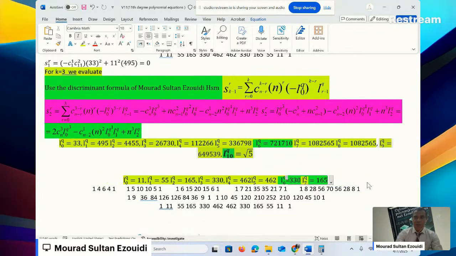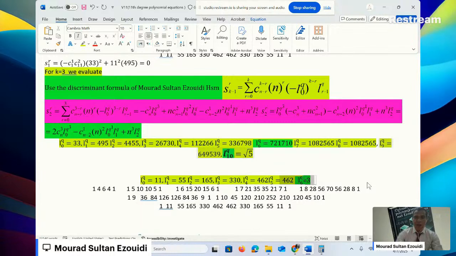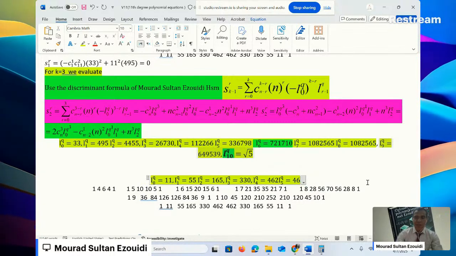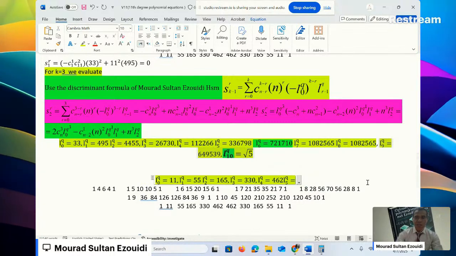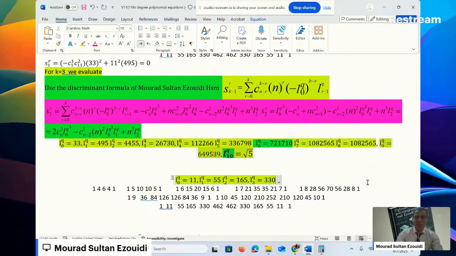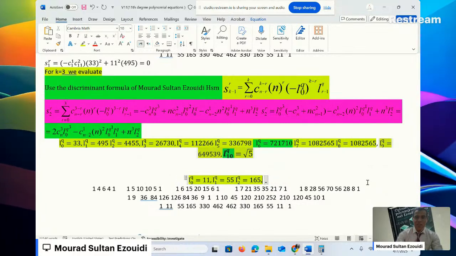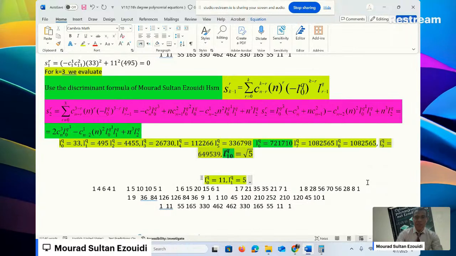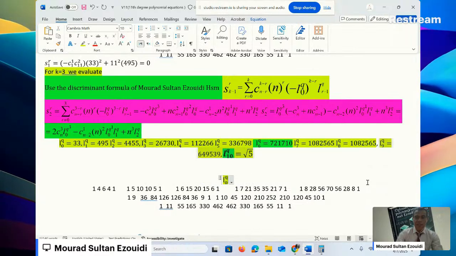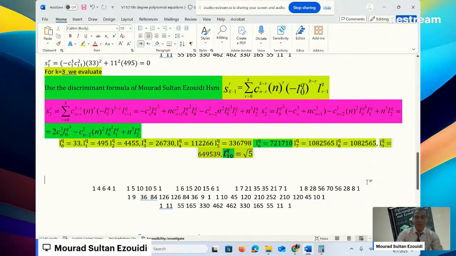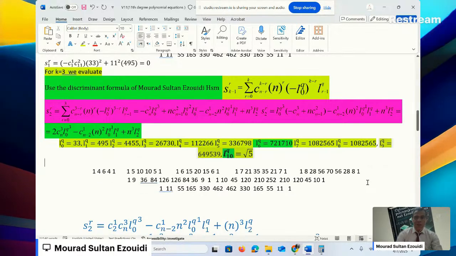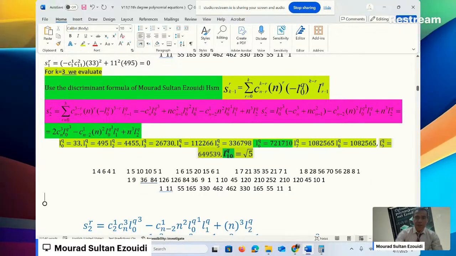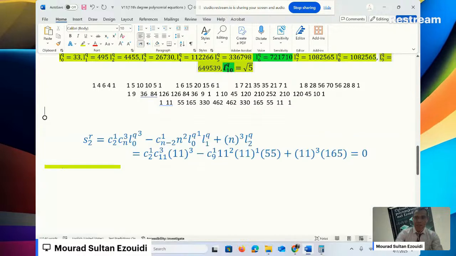Then we should substitute the values of L r minus 1 in this formula. That means we will just use L0, L1 and L2 only. No need for the other coefficients because we are talking about the value of S2.